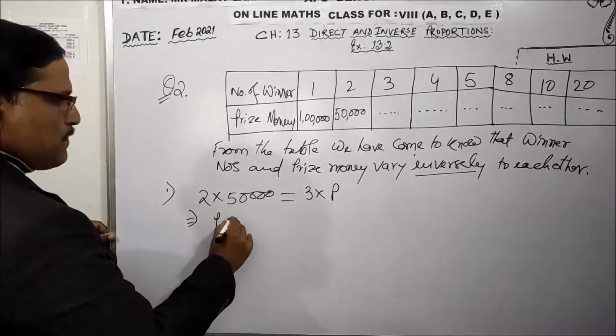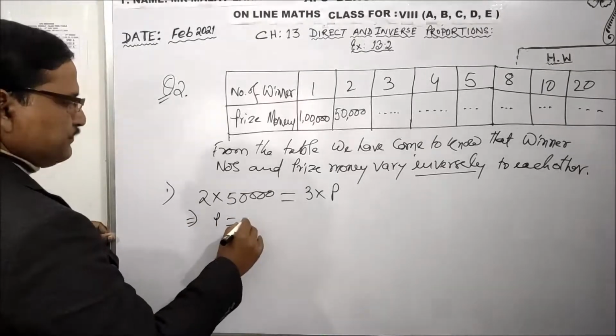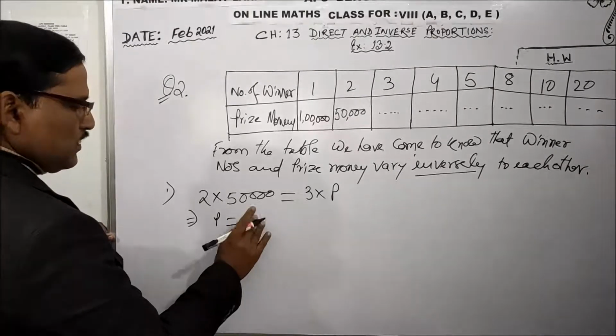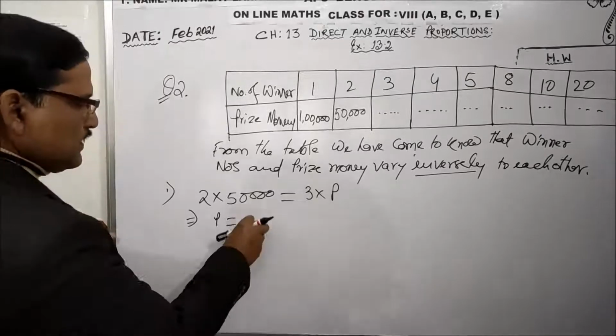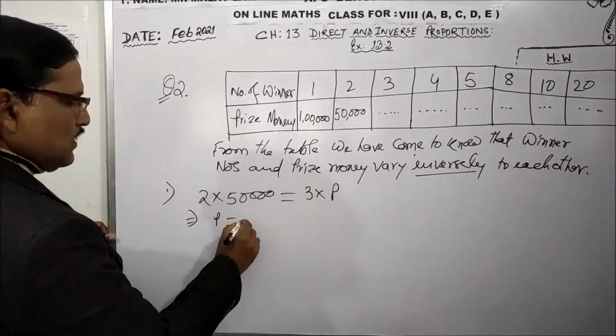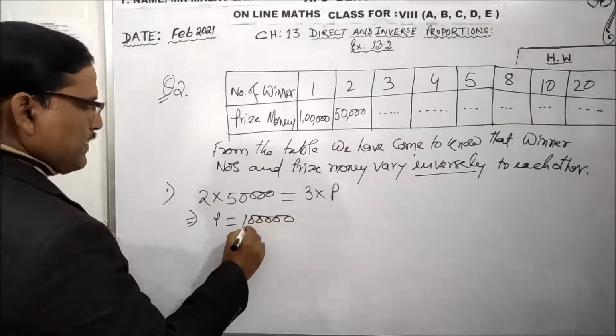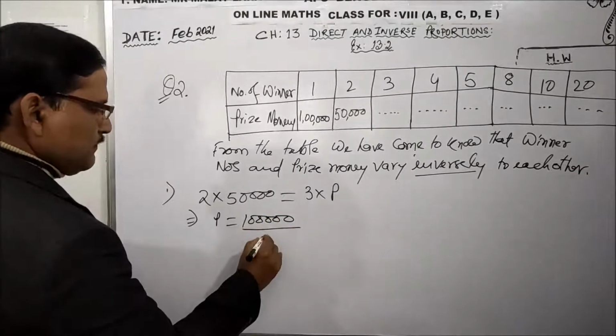P equals to 2 into this, which will be 1 lakh. So it will come as the fraction 1 lakh by 3.